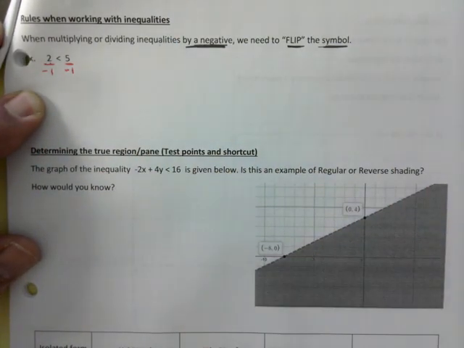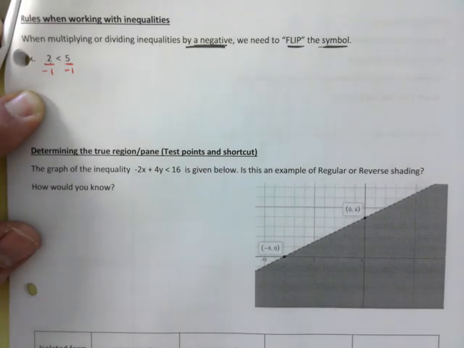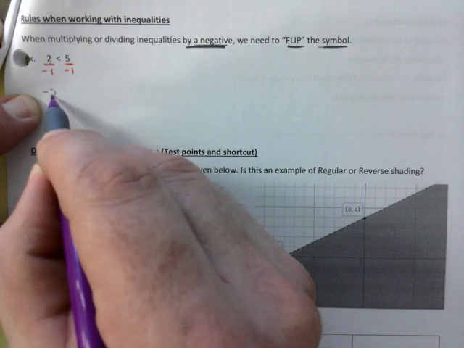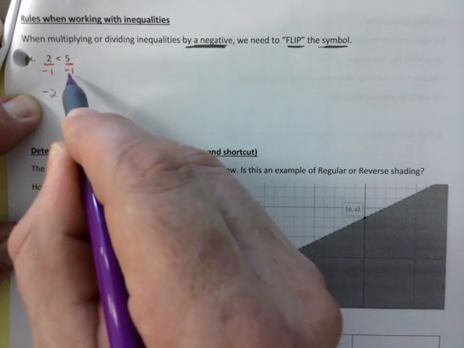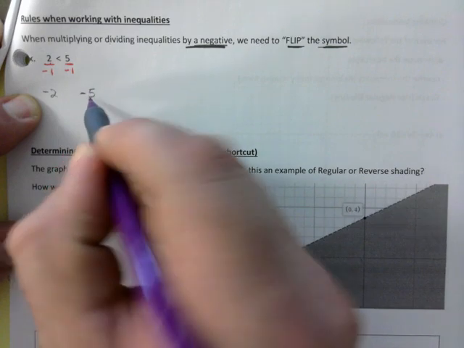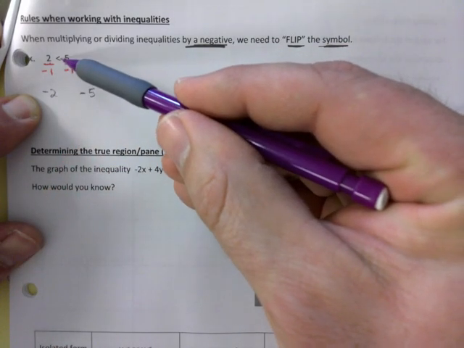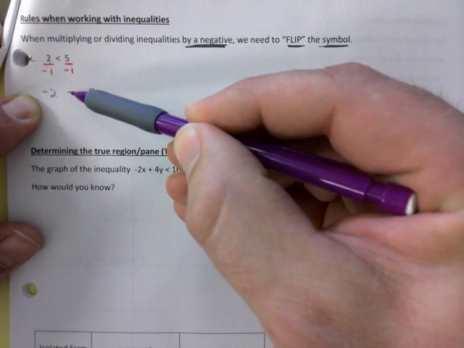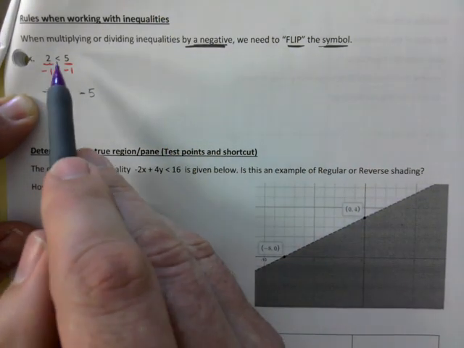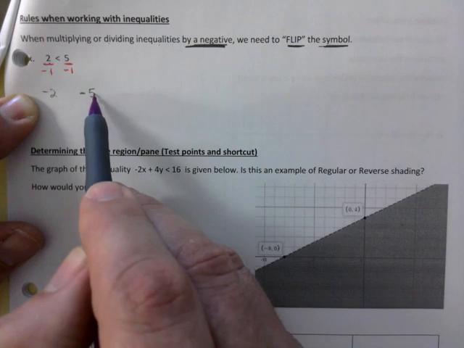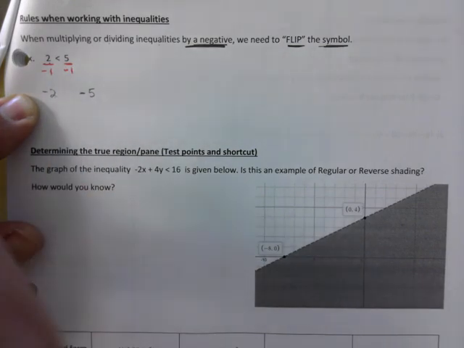Okay. What would you end up with? 2 divided by -1 is -2. 5 divided by -1 is -5. If we kept that inequality the same, would that be true? If we kept that less than the same way as it was before, would that be true? It's not true. This is smaller than that. So we need to flip it.